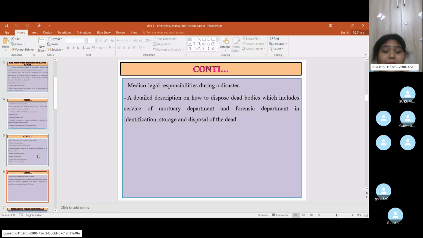So, in case there is a building collapse wherein a person has lost his life, and there was so much crush injury in his body, wherein the face got crushed, or the person was completely chopped off, then the forensic department also comes into force, in identifying the patient and in how to store his or her dead body, and then what will be the final disposal. So many departments come together, and they help in sorting out the problems.